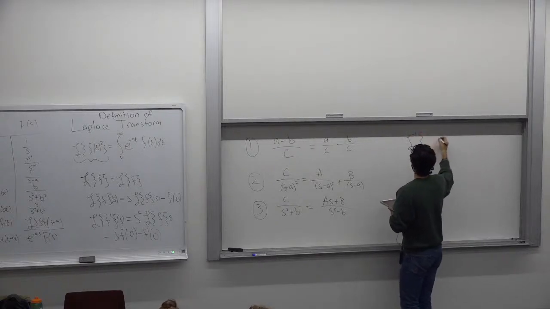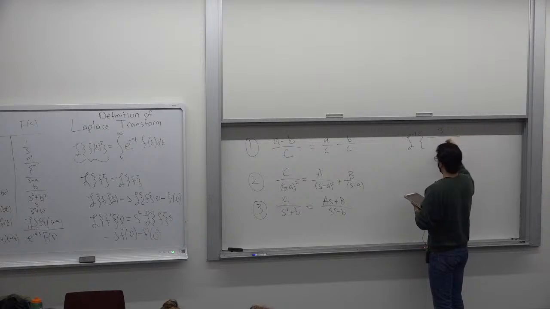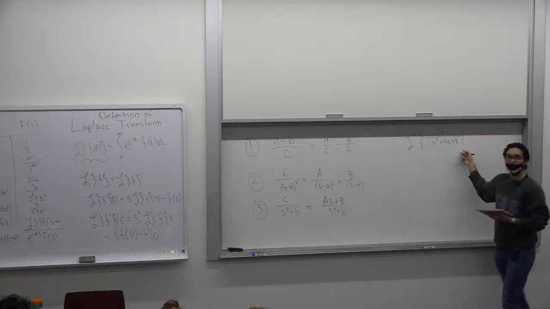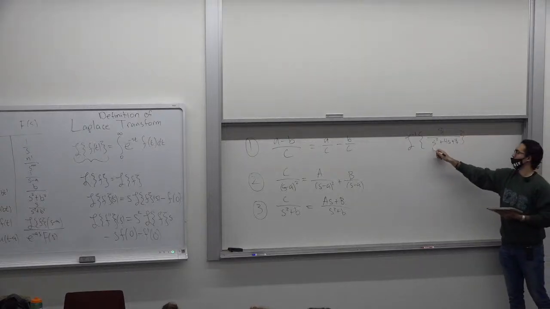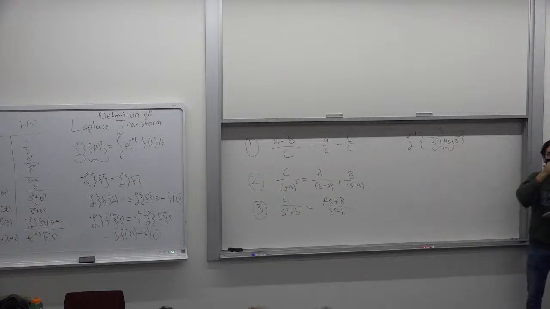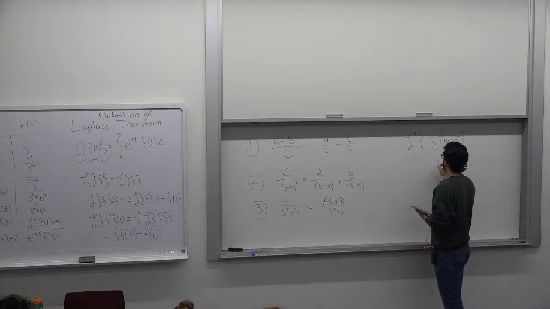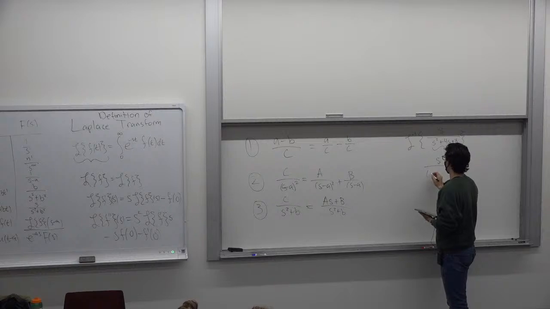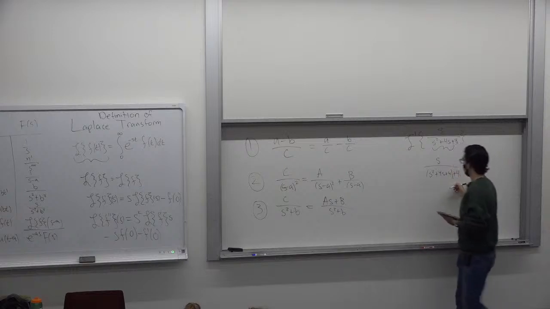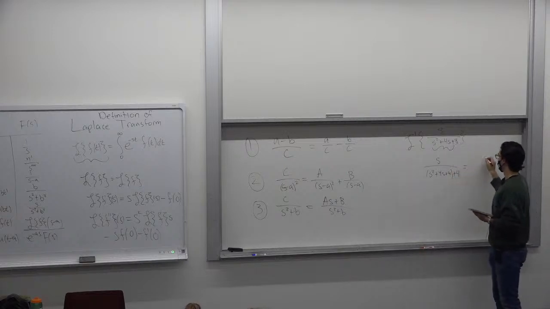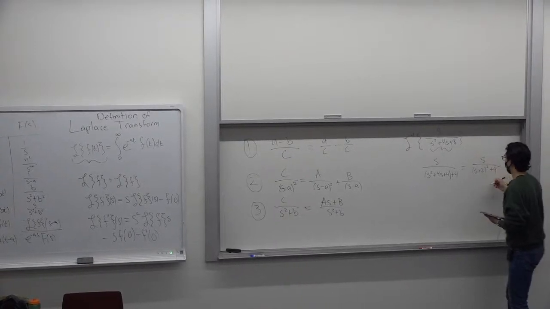So if they ask for the inverse Laplace of s over s squared plus 4s plus 8, right? Obviously we can't do anything with this term, but we can complete the square. So this equals s over s plus 2 squared plus 4.